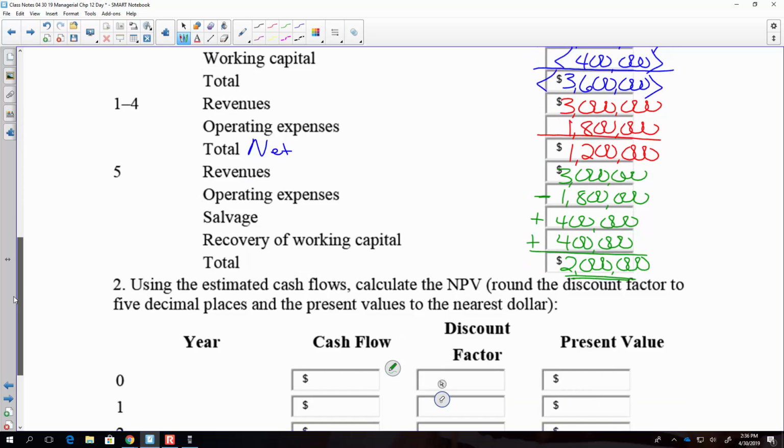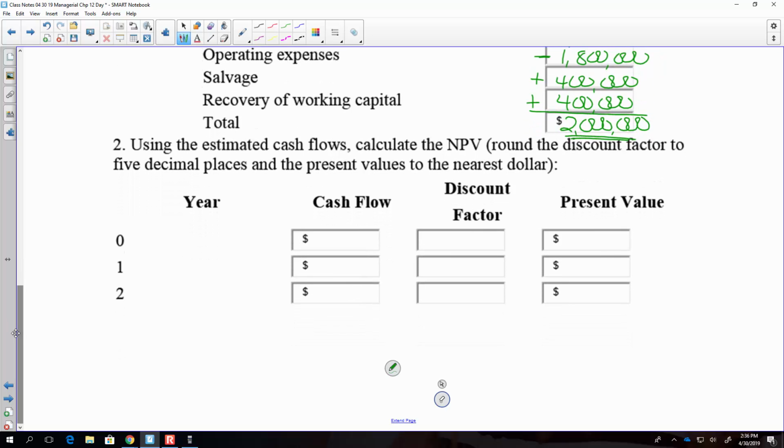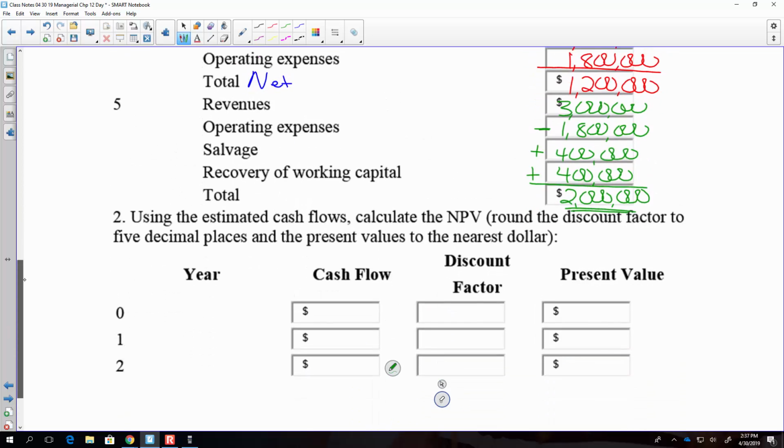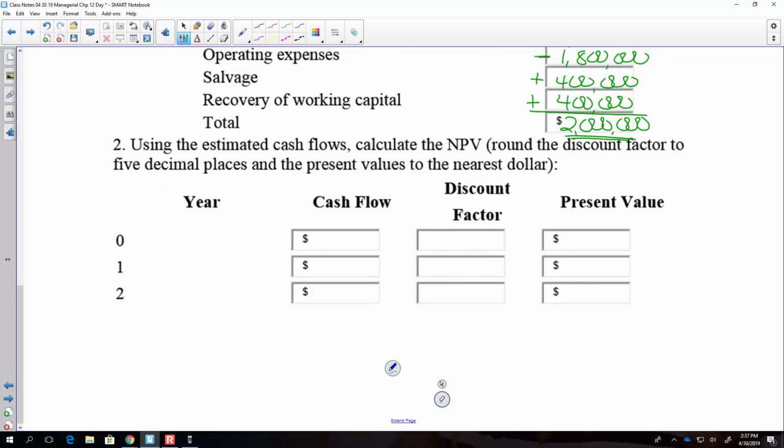So at this point then, in part 2 of this problem, I can discount everything, starting with the cash going out, which is 3.6 million negative. The discount factor in year 0 is always 1. My present value, 3.6 million.